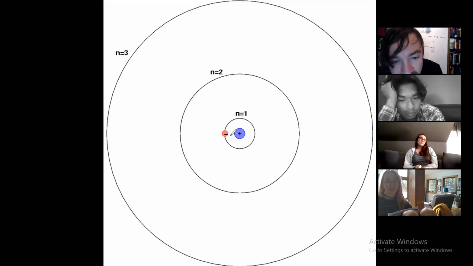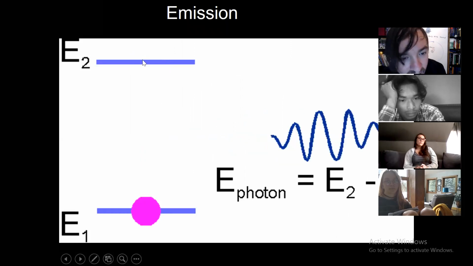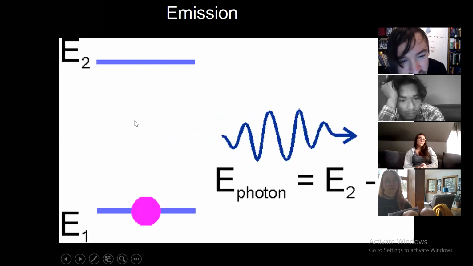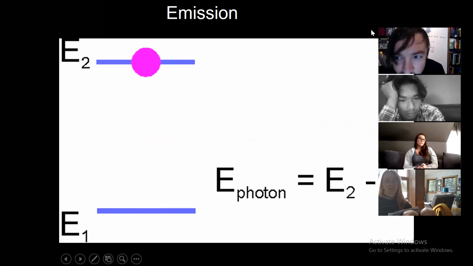However, it does take energy to push an electron from one orbit to another. Usually the way you give an electron energy is you smash it with another atom and the electron gains a little kinetic energy. The electrons will orbit at the higher orbits, but when they drop back down from a high to a low orbit, they release a tiny little packet of light known as a photon.